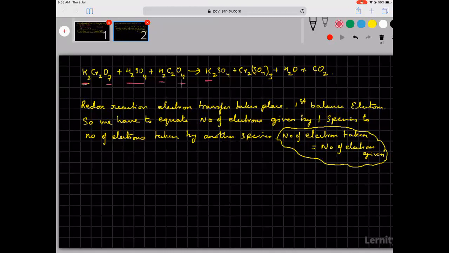So the only species where there is a change is chromium. That is why I added K2Cr2O7. If I wanted K to change, then I would have added KCl or KNO3, which is a much simpler salt. Then the other species is H2C2O4. In fact, you have acidified K2Cr2O7, which means you have already mixed these two.